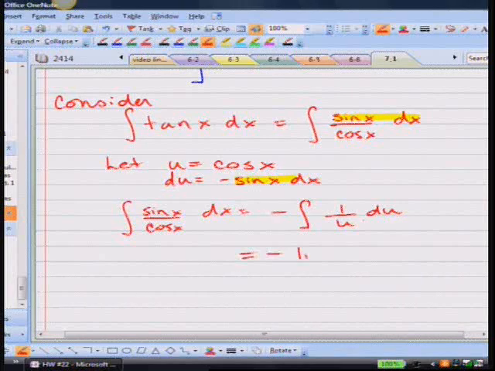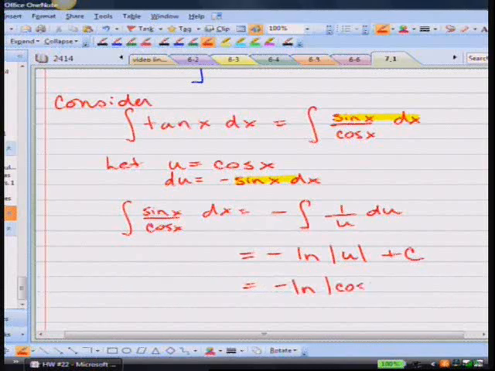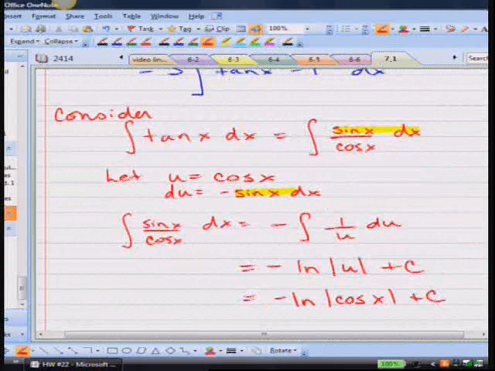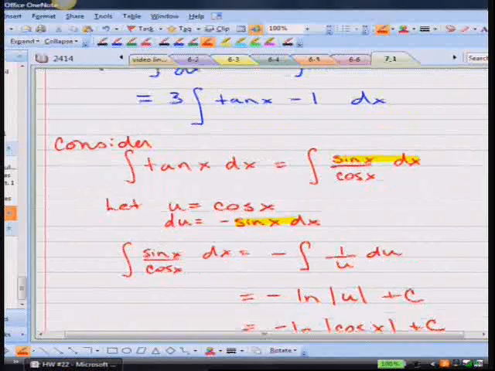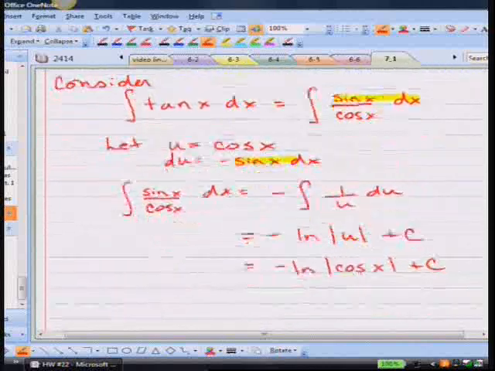So this is negative ln absolute value of u plus c, or negative ln absolute value of cosine x plus c. Make sense? So that gets us to the antiderivative of the tangent, back where we wanted to be.